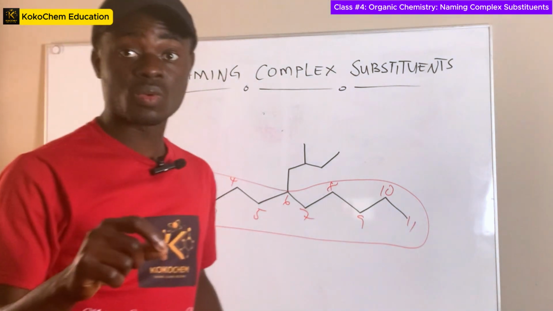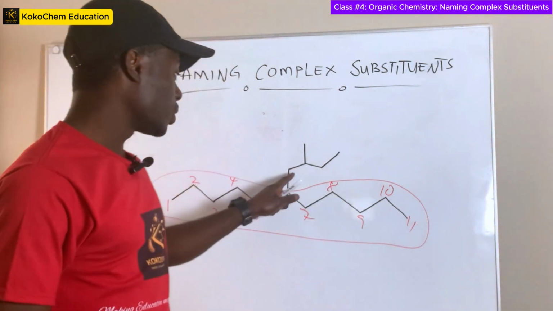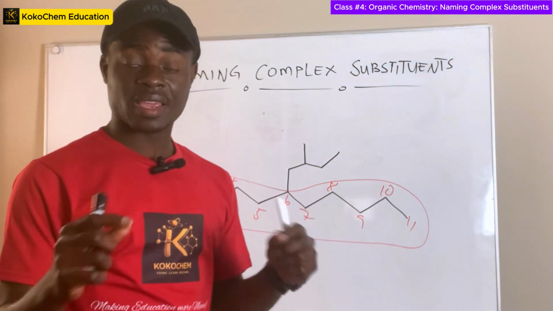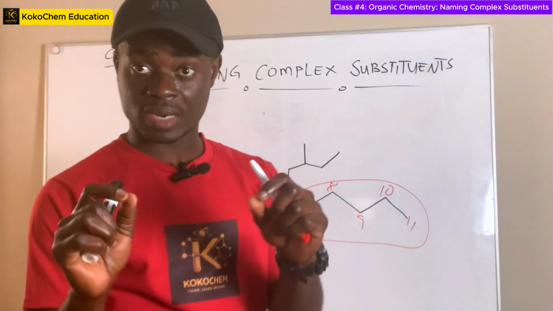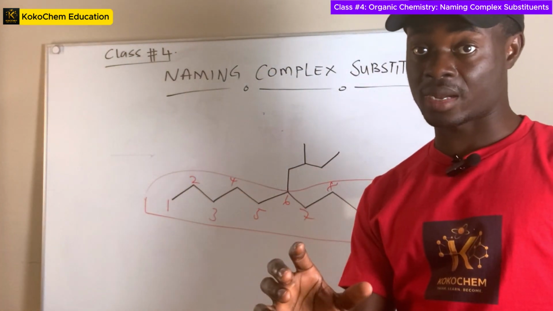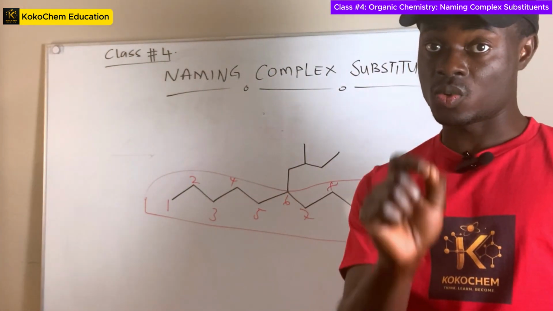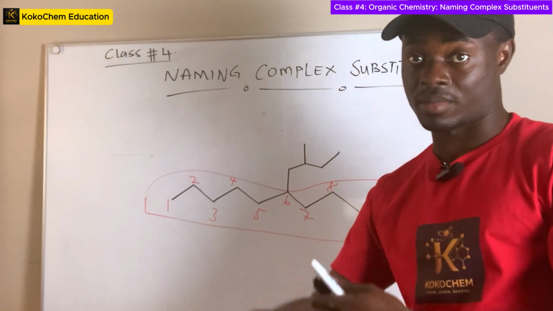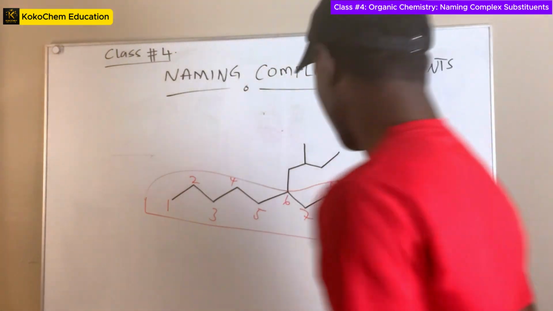In that case, the way you go do, you go take the complex substituent like it be a mini parent. You go treat them like a small parent. Then if it be a small parent, then you go number them. You go number all the carbons where you see. Then you go name them. So make we see how we go do them.